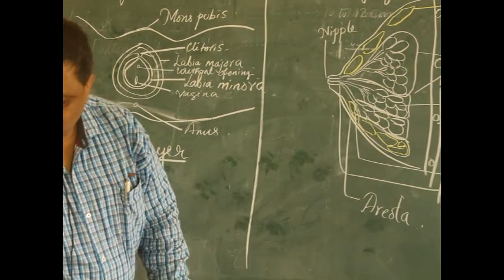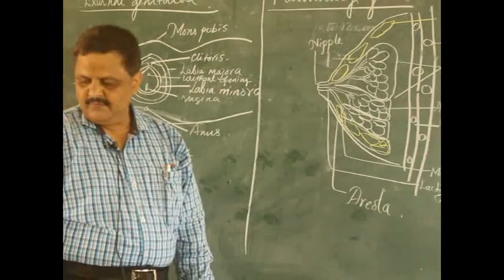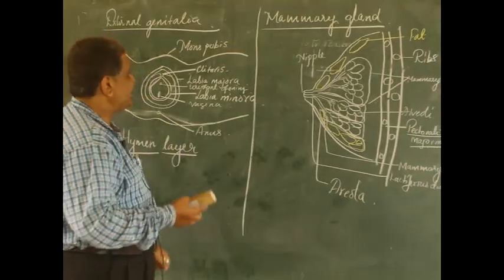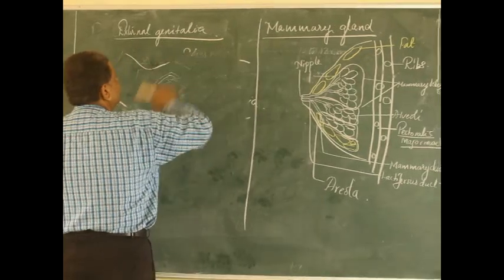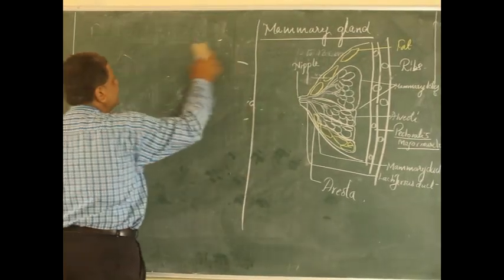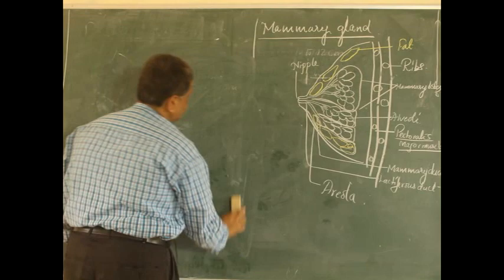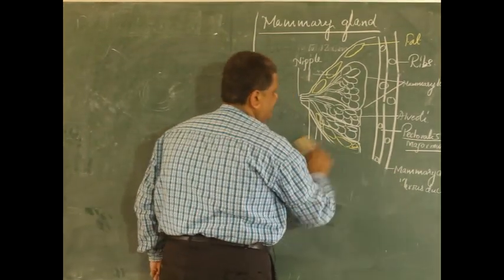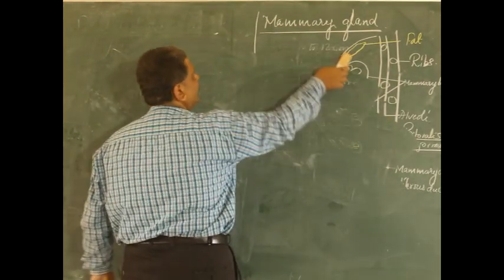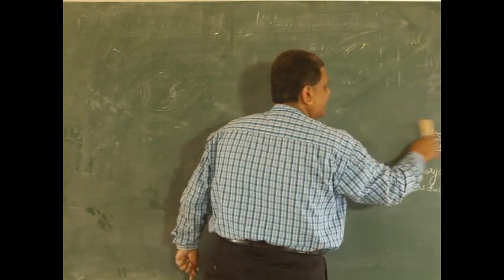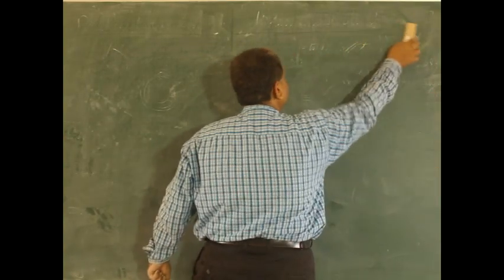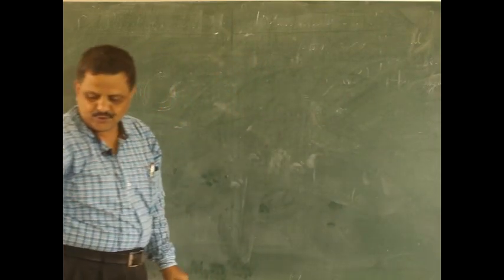Now, the next part associated with this chapter is gametogenesis. What is gametogenesis? In the beginning of this chapter, I told the definition of gametogenesis.